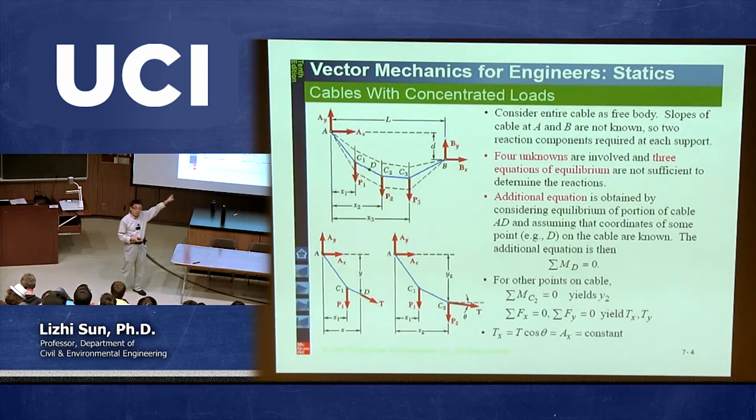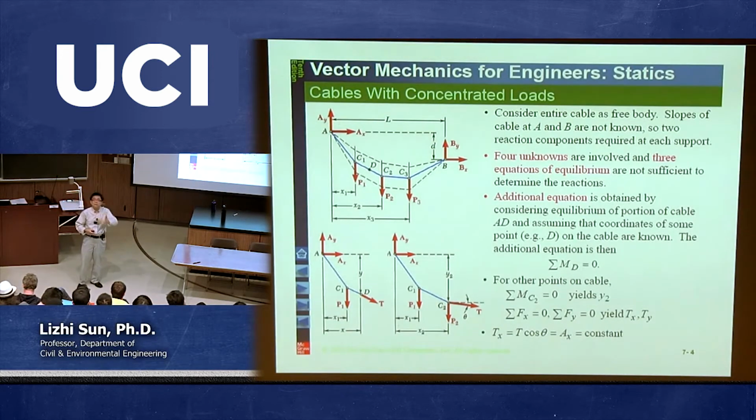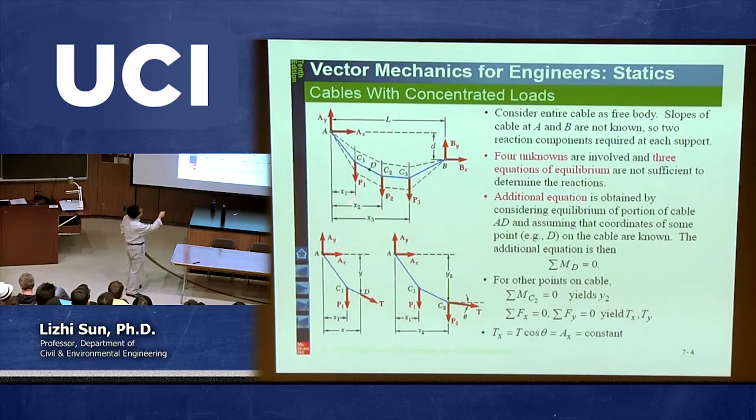And in fact, that's also the special case we talked about before in chapter 4. That's called the two-force body problem. The reason is this. Anywhere you want to cut, for example at point D, after you cut, there is no moment at that point. If there's an internal moment, you typically have a beam.